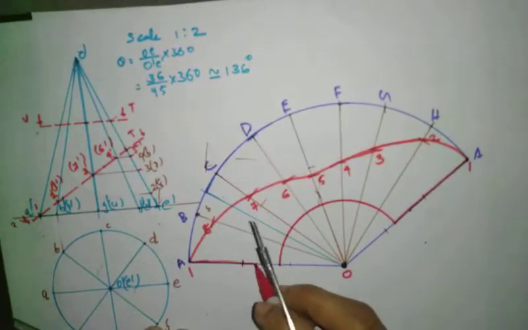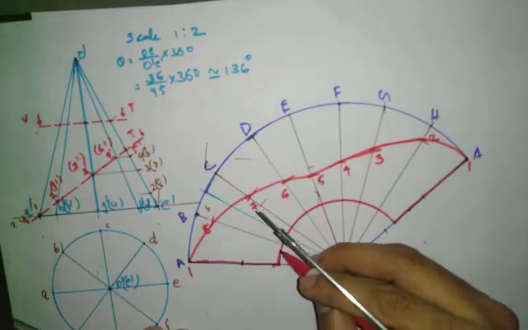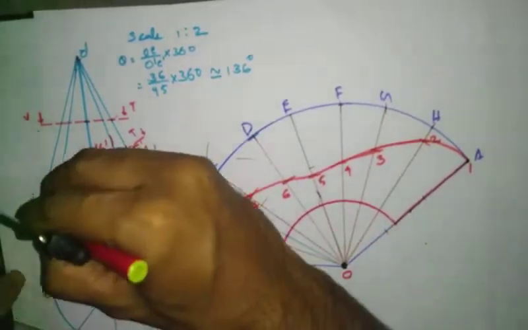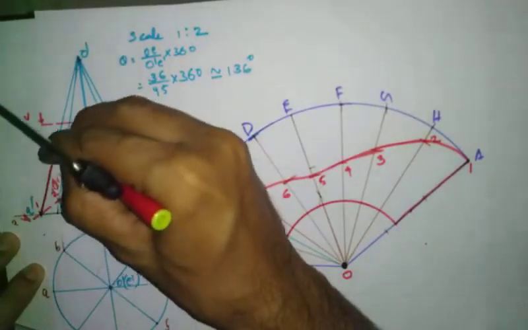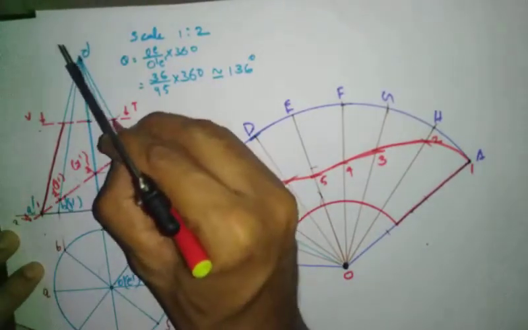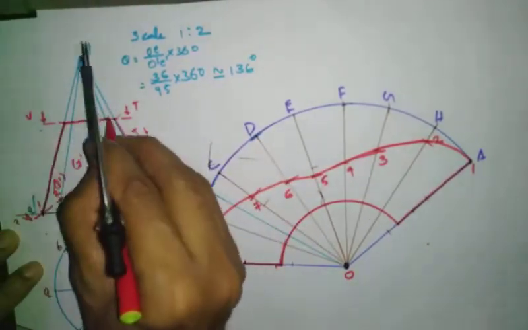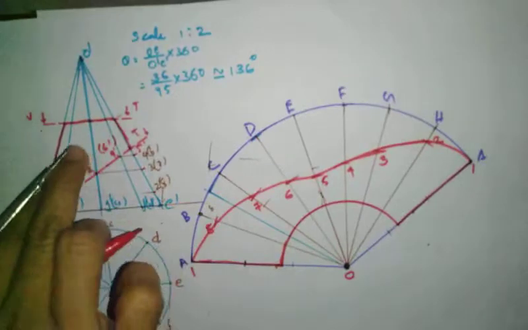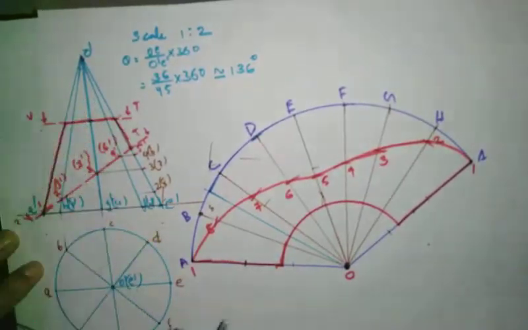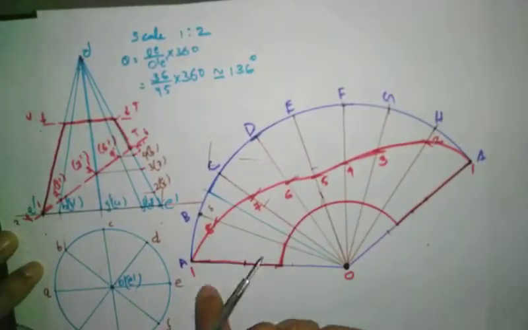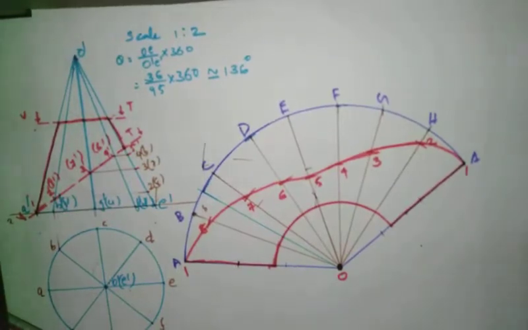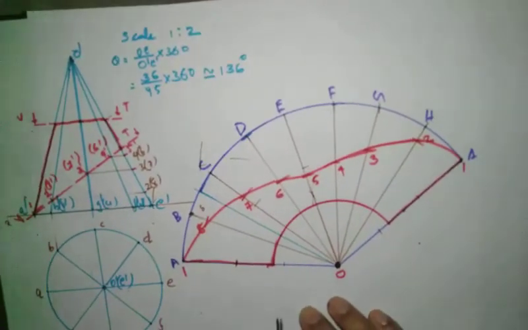This red colored portion will be the development of the lampshade. Here we obtained a lampshade like this. If we develop this lampshade portion, it will become like this. So that's the solution for problem number 13 in the workbook. Thank you.